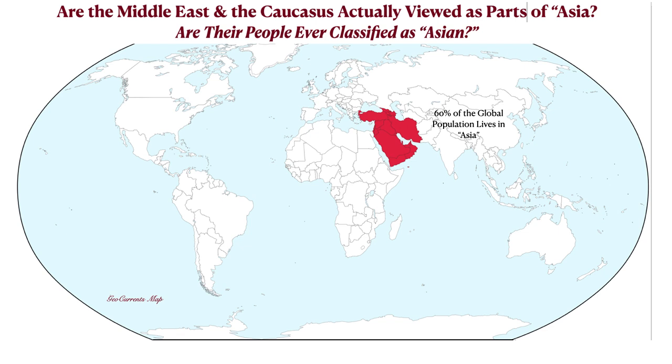Are there people classified as Asian? I mean, what does it mean to call those areas parts of Asia? And I would respond that it doesn't mean anything at all, because Asia is not really a legitimate unit in terms of human geography. And note that more than half of the world's population lives in Asia.